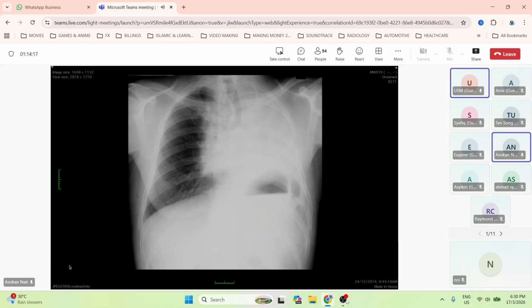Okay, fine. So now you see this opacity on the right side of the mediastinum. What are the possibilities here? It could be a metastasis from the malignancy. Metastasis where? Maybe the right hilar region.